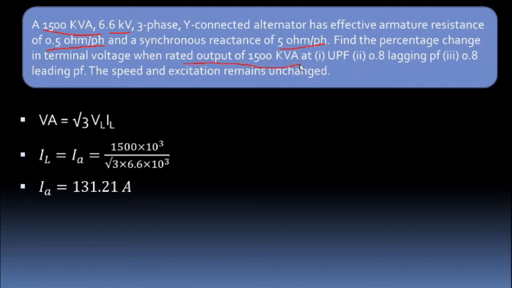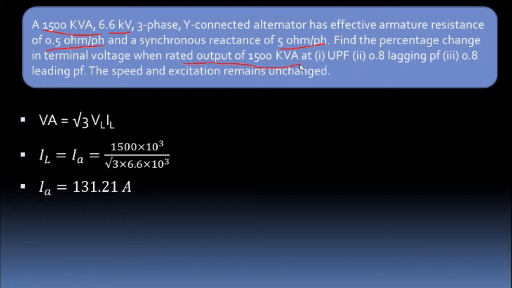Great. Now ultimately you can put this value of IA directly in the EMF equation. But what I generally do, when regulation is supposed to be found for UPF, lagging as well as leading power factor, is keep my IaRa and IaXs values ready, so that they can help in all these equations.